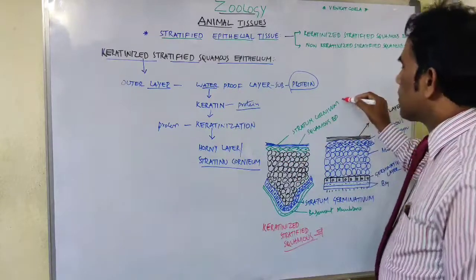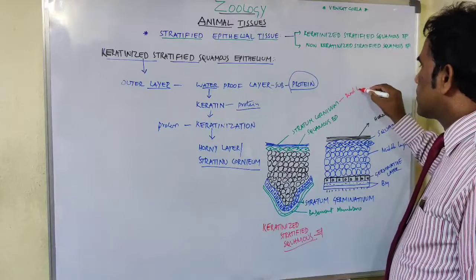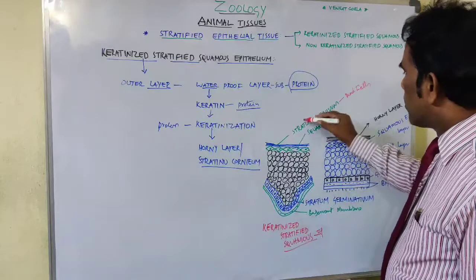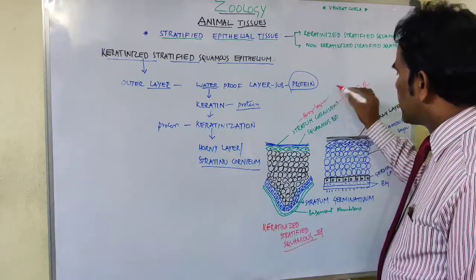The topmost layer is stratum corneum. These are the dead cells, also called the horny layer.